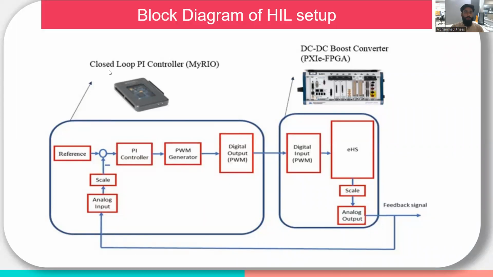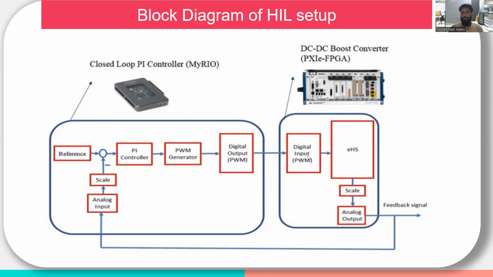Basically, we deploy our closed loop PI controller in myRIO and our DC to DC boost converter in NI PXIe. These two integrate with each other using the digital output and digital input pins.